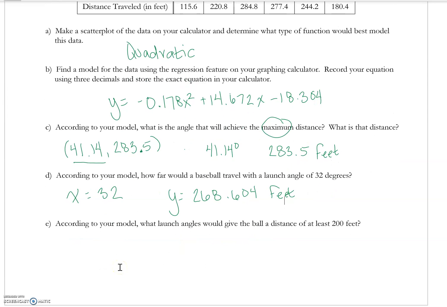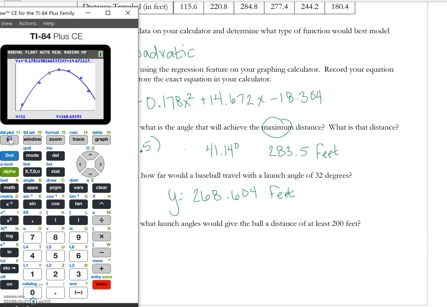And lastly, according to your model, what launch angles would give the ball a distance of at least 200 feet? 200 feet is a Y value. So I need to go to my calculator and go back to Y equals, leave this function alone, go down to Y2 and type in 200, and then hit graph.